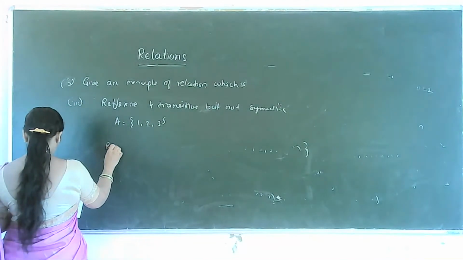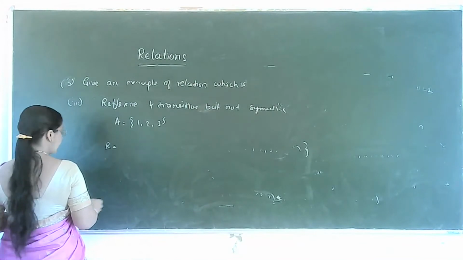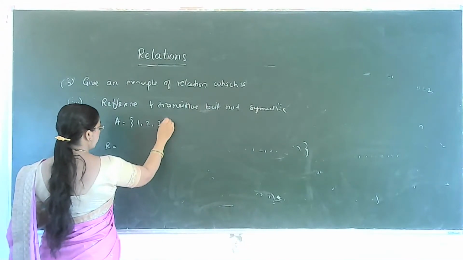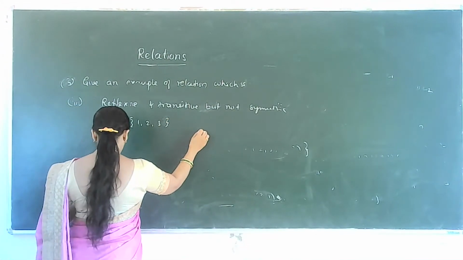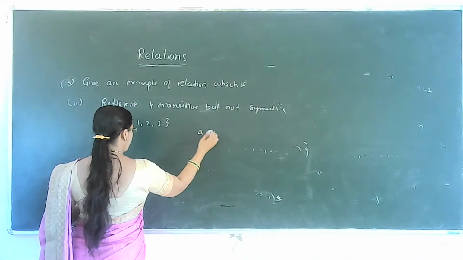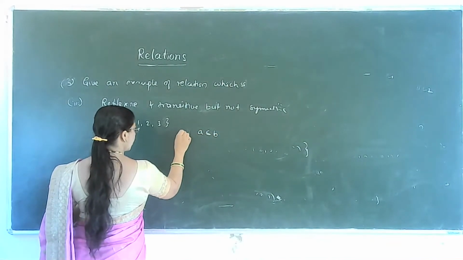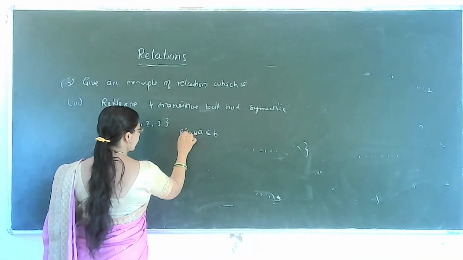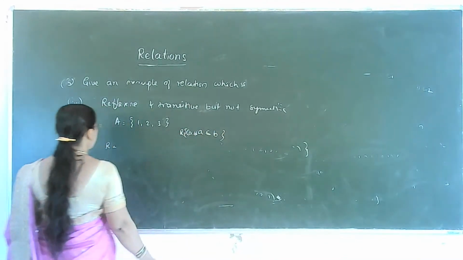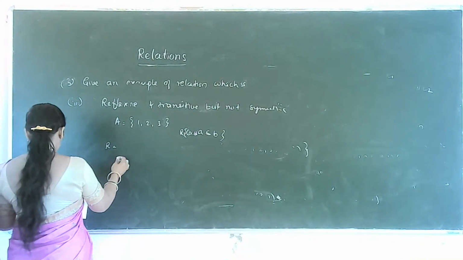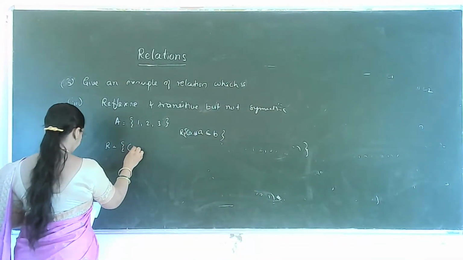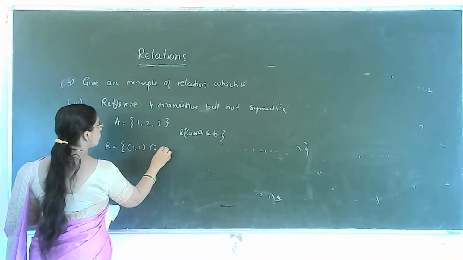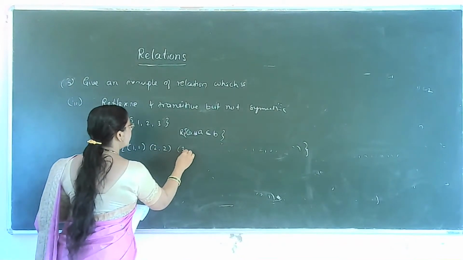Here the set R is the relation a is less than or equal to b. You can take the relation R as (a,b) such that this relation R is (1,1), (2,2), (3,3).